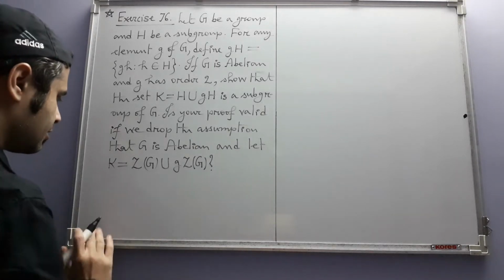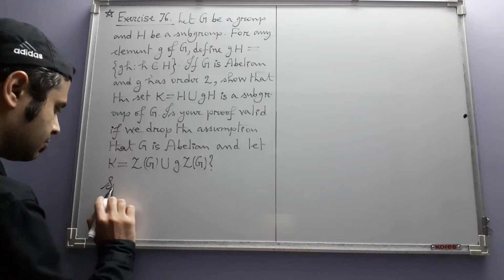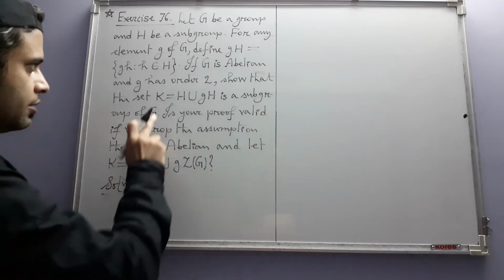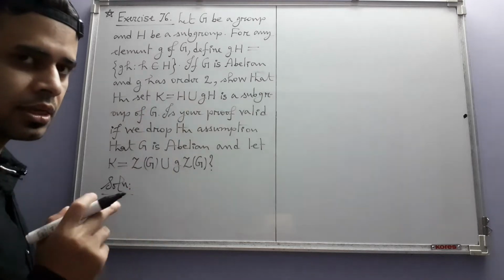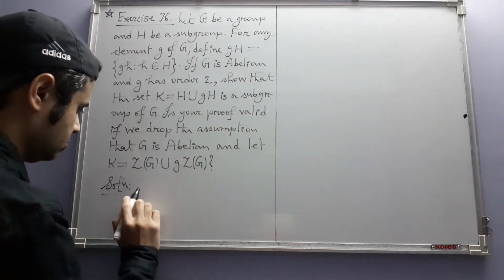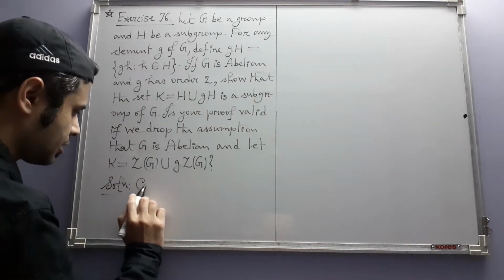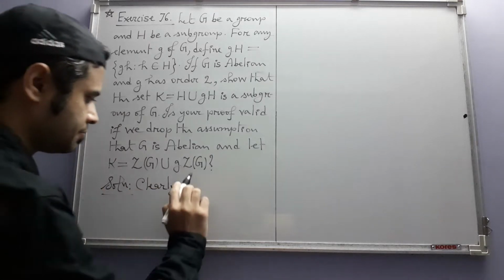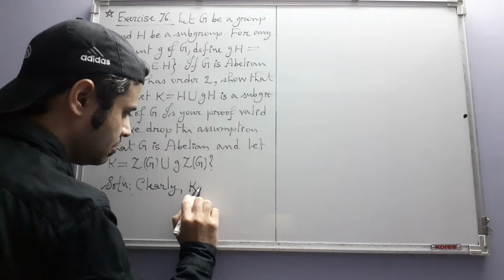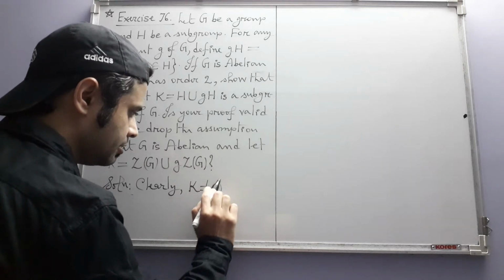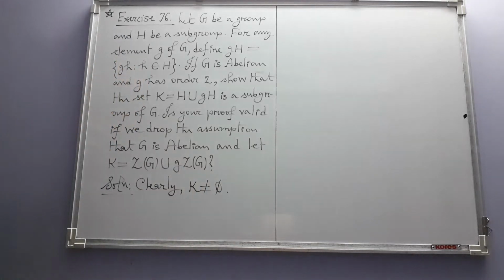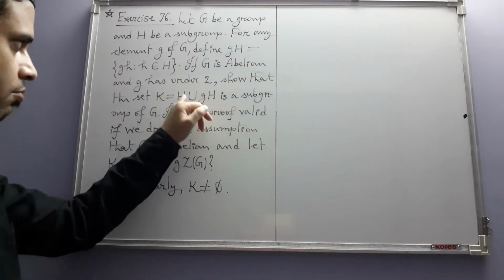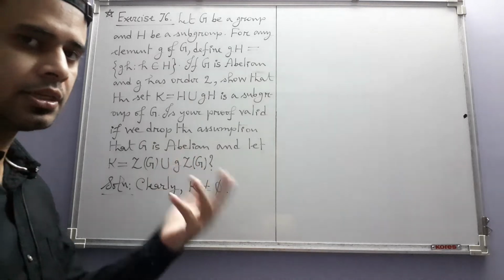Okay, so let us start with the solution. We need to prove that K is a subgroup. So we start with this observation. Clearly, K is non-empty because K is a union where one of the sets in that union itself is a subgroup.